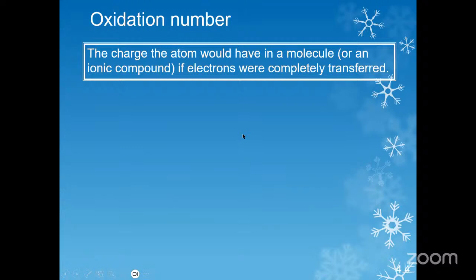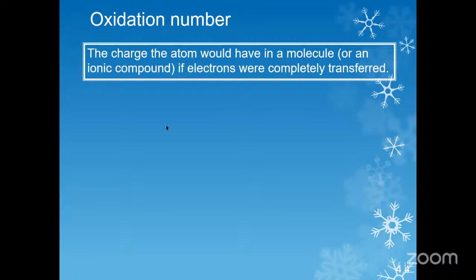Now, in order for us to understand what is happening in a redox reaction, there are some rules for determining what is called the oxidation number of an atom in a molecule or ionic compound. What does that mean? The oxidation number is the charge an atom would have in a molecule or ionic compound if the electrons were completely transferred.